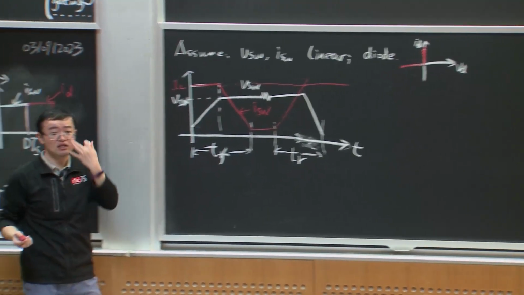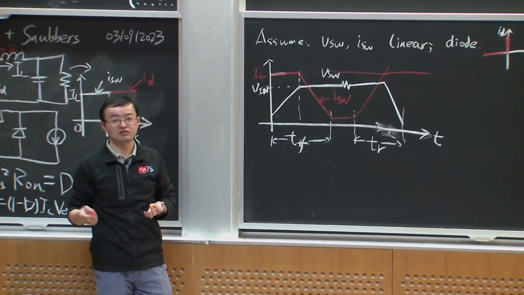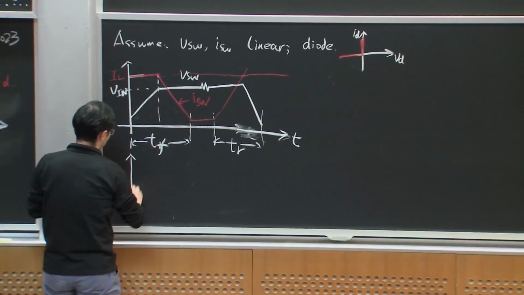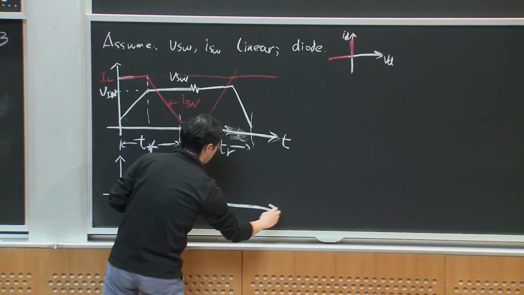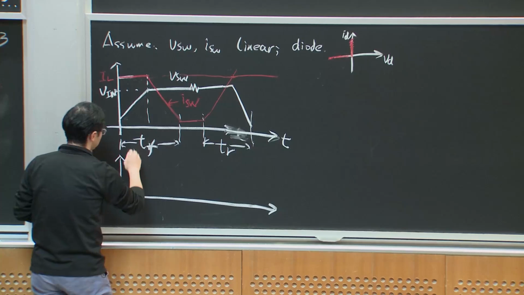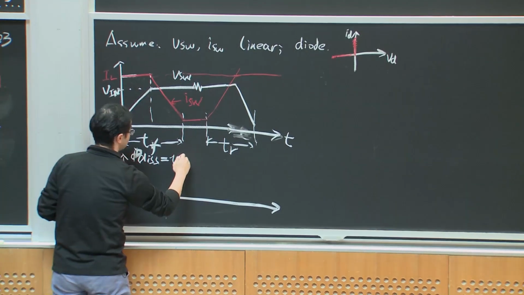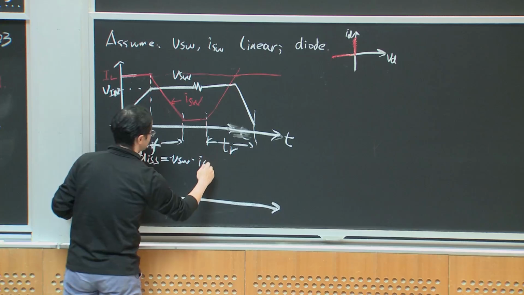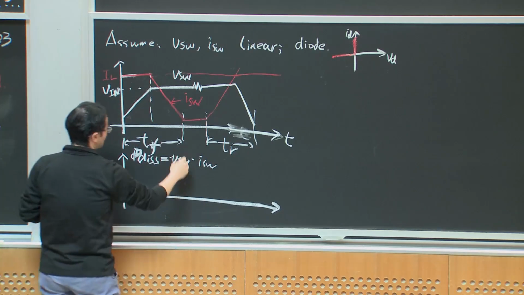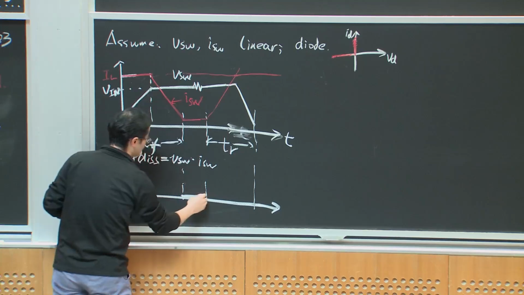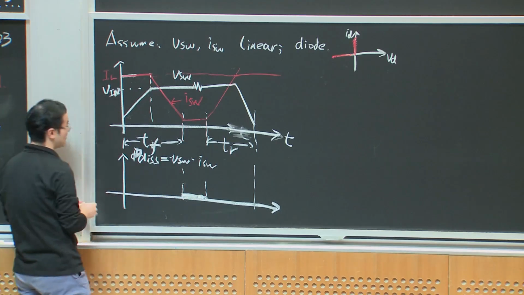And what is loss? Loss is a kind of power, so that will still be the voltage times the current. If we draw the power loss time curve, that will be P_dissipate equals V_SW times I_SW. During the time interval besides the T_r and the T_f, it will become 0, or a pretty small number.